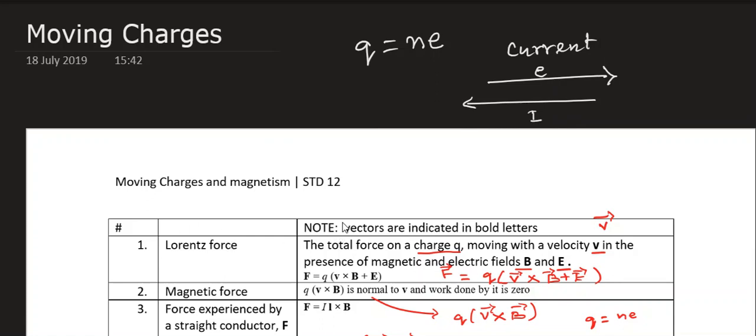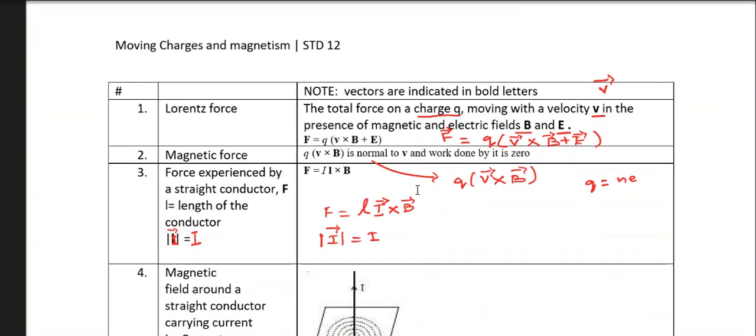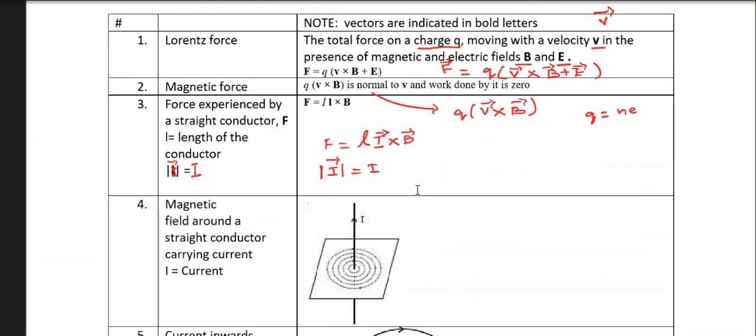Now, first of all, we should know some of the basic aspects about these moving charges. Lorentz force. Please note down in this lecture, the vectors are indicated in bold letters in your book, but we can indicate them by putting an arrow.